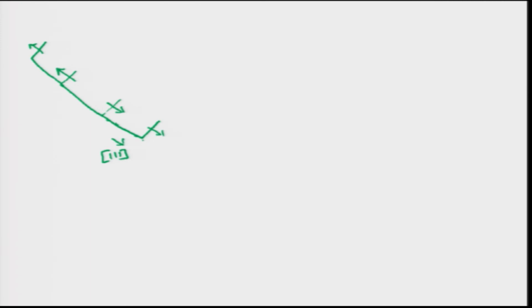Now, even when they move, there are many possible directions. Because of their limited motion, they will also generate a prismatic loop. So, this is what I am trying to show over here.